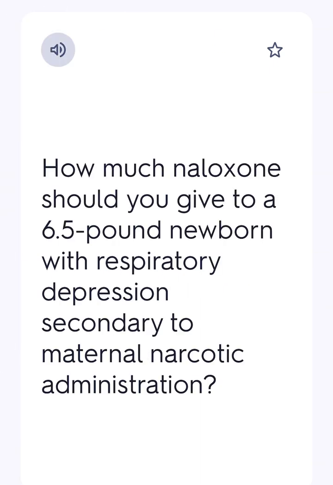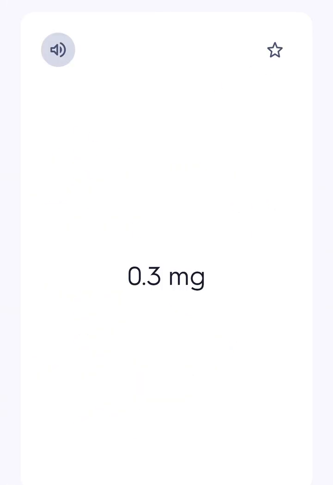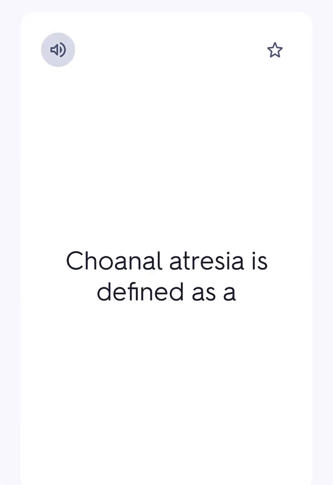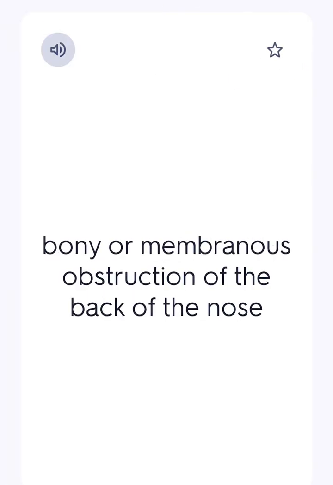How much naloxone should you give to a 6.5-pound newborn with respiratory depression secondary to maternal narcotic administration? 0.3 milligrams. Choanal atresia is defined as a bony or membranous obstruction of the back of the nose.